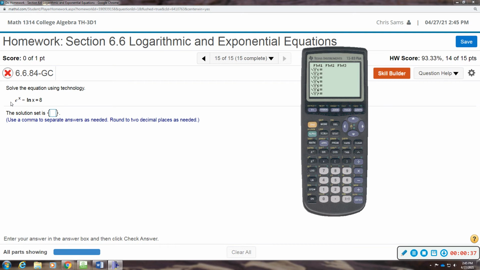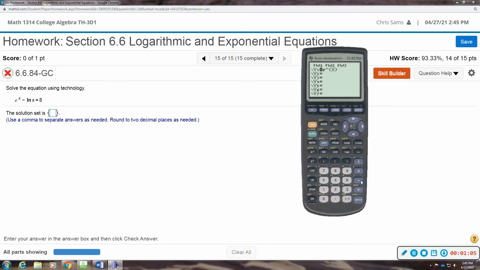So what we're going to do, we're going to do e to the x, okay? If you notice the LN button on the left hand side next to 4, e to the x is above it in yellow on mine, so you'd have to hit the second button and then the LN button to get e to the power, and then we put x in. Close that parentheses, and then we're going to do minus ln x.